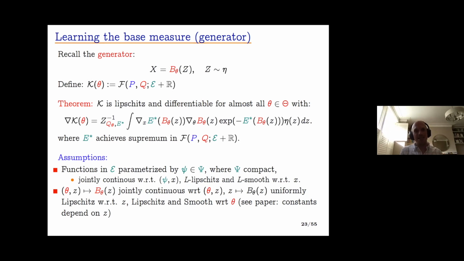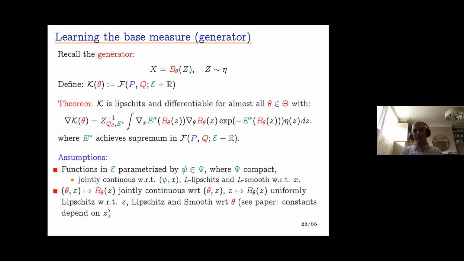In particular, the class of E functions has to be both L-Lipschitz and L-smooth with respect to X, which is the argument of the energy functions, and also its parameters, C. And for B theta, which is our generator, that has to also be Lipschitz and smooth with respect to both Z and theta, and the smoothness with respect to theta, its parameters, is in the sense that it's going to depend on Z. So I'm not going to put the expressions here, but just be aware that one has to be a little bit careful about the conditions on both the energy class and the generator class for this gradient to be computable.